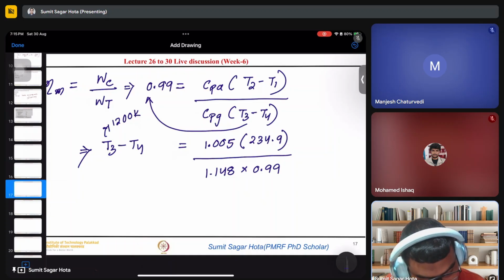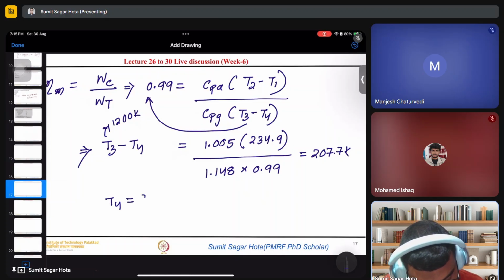If you solve this, you will get 207.7 Kelvin, and if you find out T4, it will be 992.3.